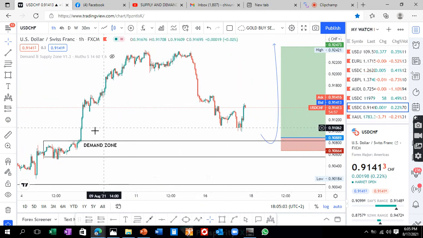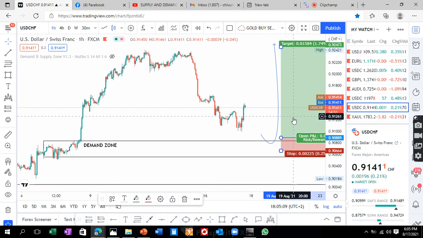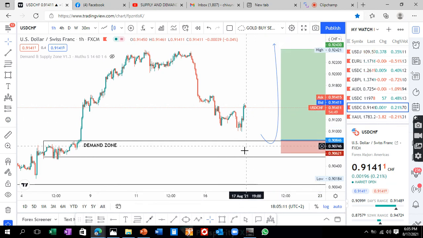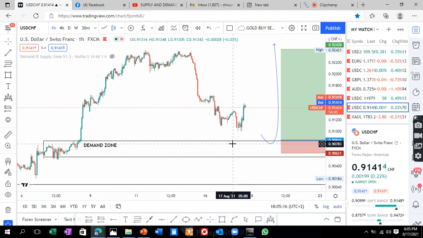Though I hesitated because it was not really at this level. So you have to wait for price to actually come to your level, because at this same level is where the orders are. You have to make sure price comes back to that level. Don't take trades blindly just because you know it's a demand zone or a supply zone.